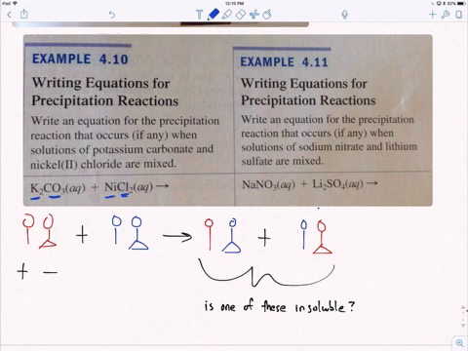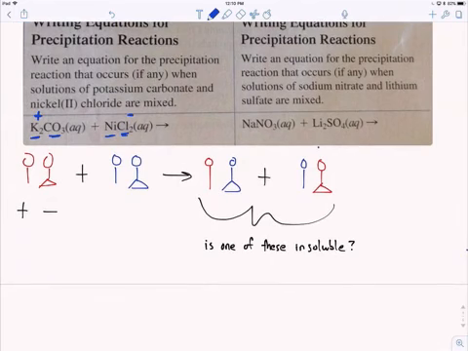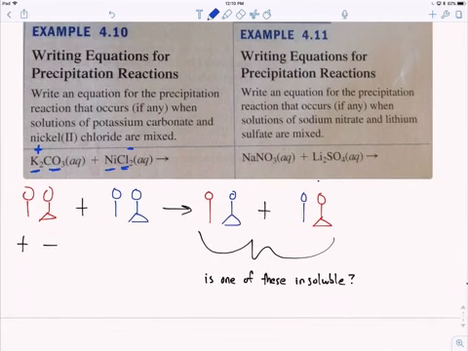So the red potassium and the blue chlorine. And then the nickel is going to pair up with the carbonate. You ask, is one of these soluble or insoluble? So we would write out potassium chloride plus nickel carbonate.